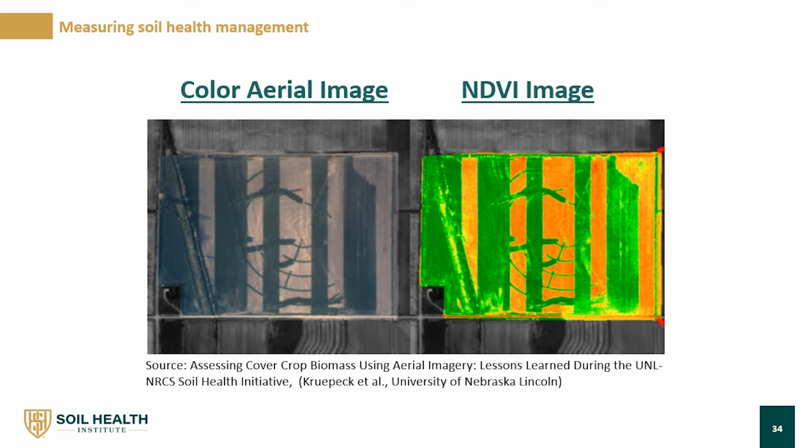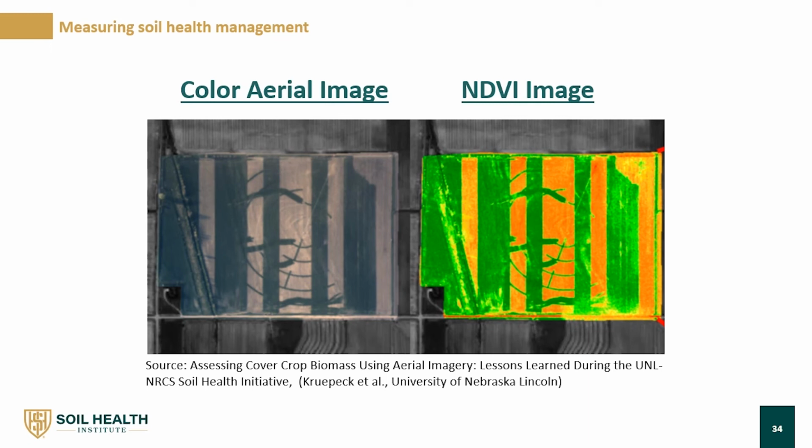So they're looking at one field in both images. On the left image, we're looking at normal color imagery. So the greener areas are showing areas where there's more growth of the cover crops. And the researchers applied a pretty standard processing technique called the Normalized Difference Vegetation Index that highlights areas in the field with good or poor crop growth.